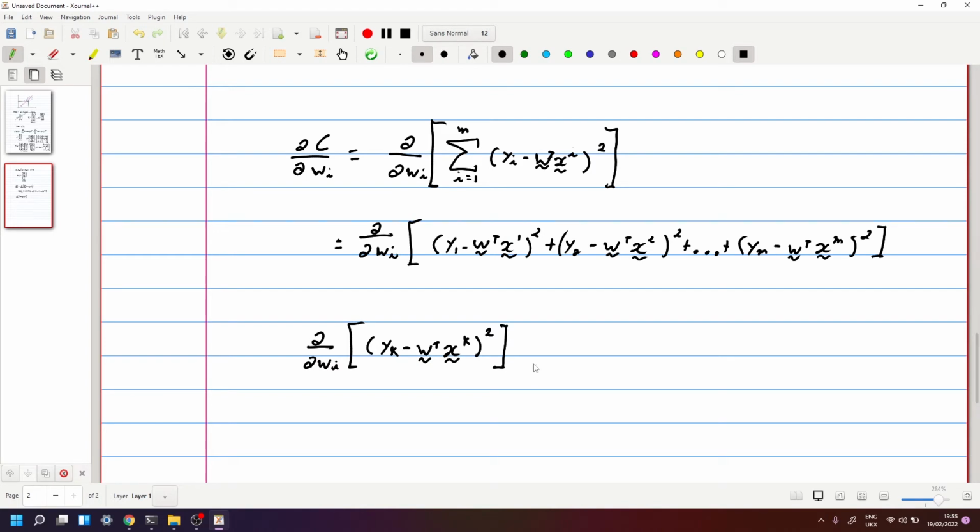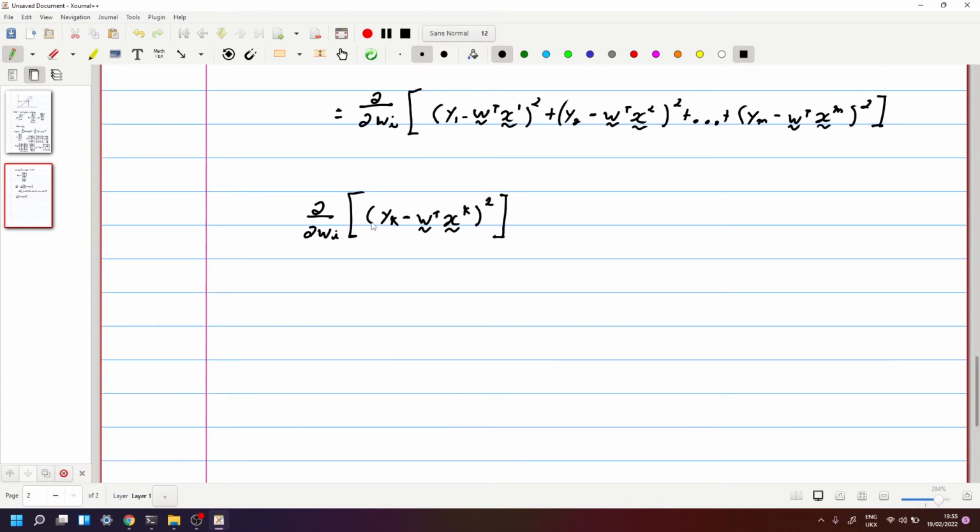So for this problem, we're going to be using the chain rule. We're going to substitute this whole bit inside the brackets as u.